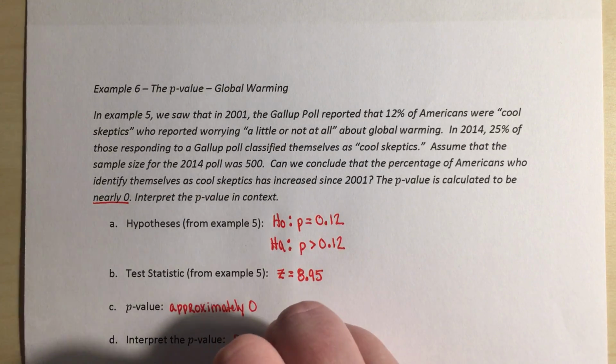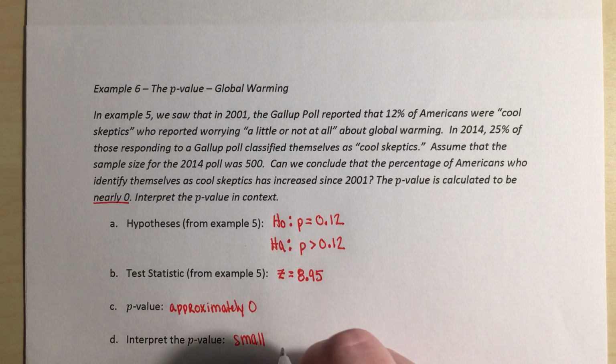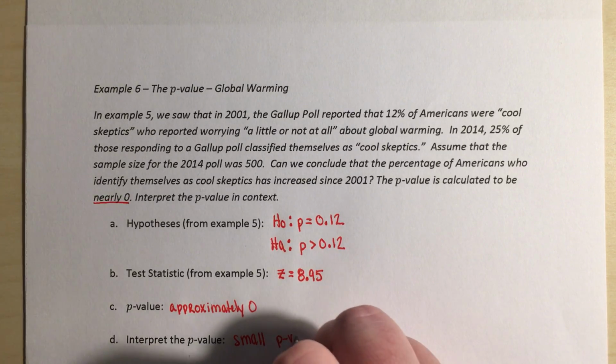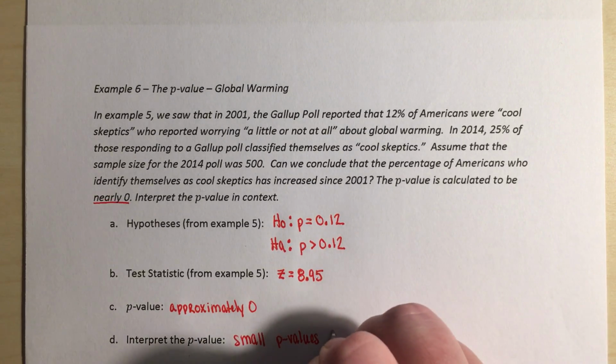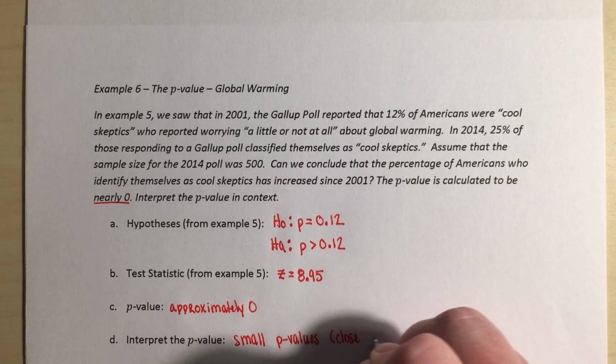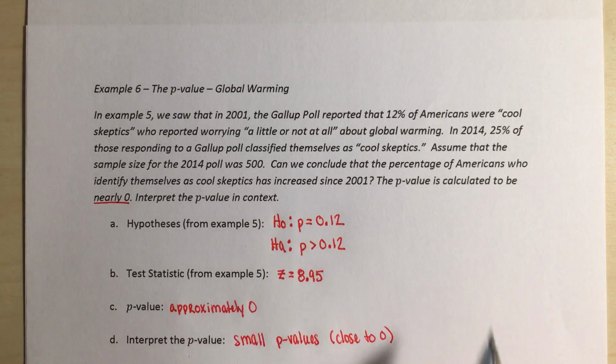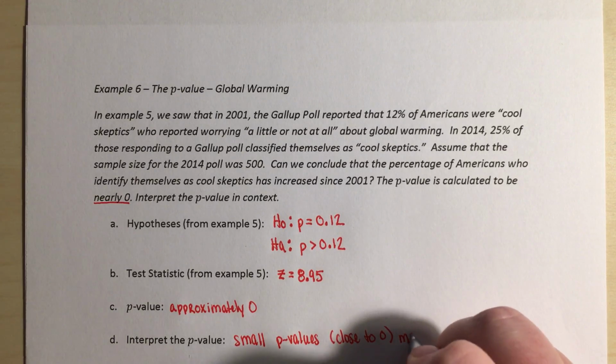All right, if we go back to the information that we've been given, small p-values that are close to 0 mean we are really surprised.